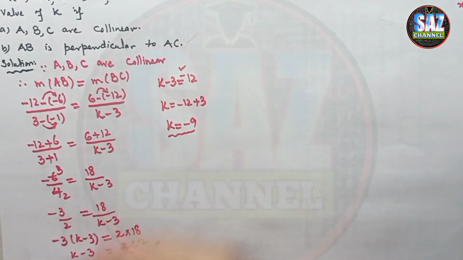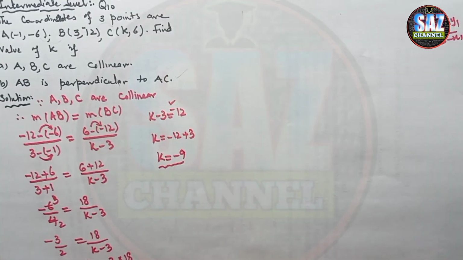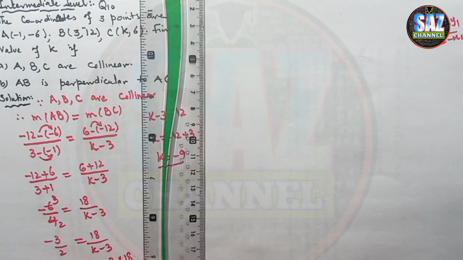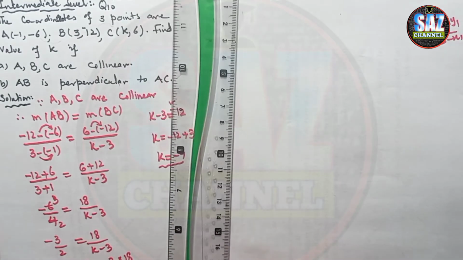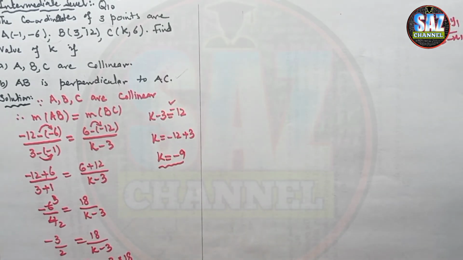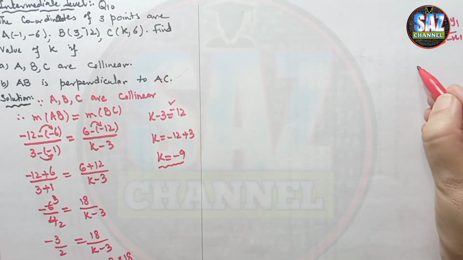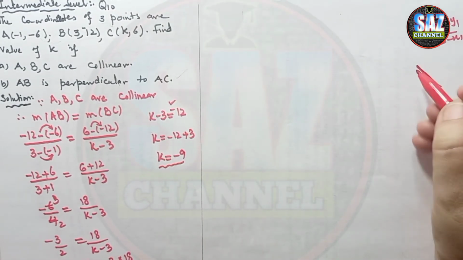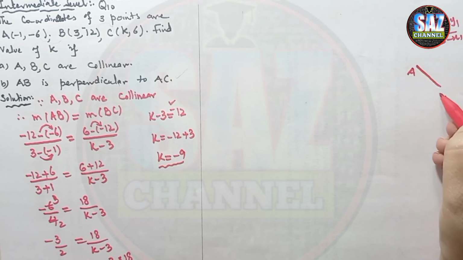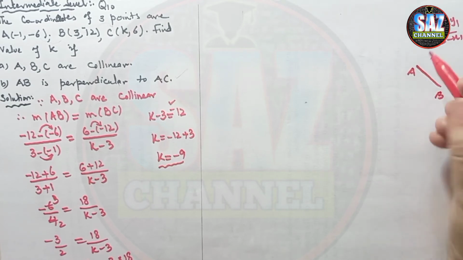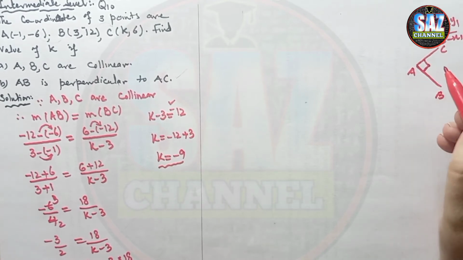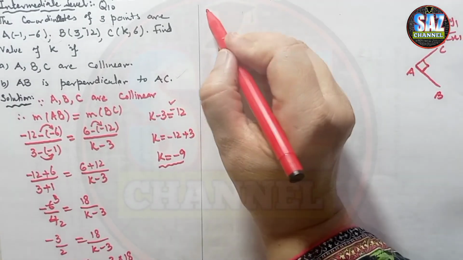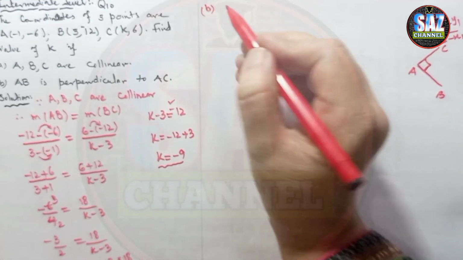Recall my previous lesson: under what condition are two lines perpendicular? AB and AC are perpendicular to each other when the product of the gradients is minus 1. So how to begin the solution of this next part?